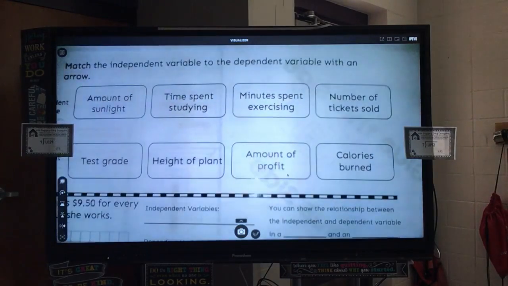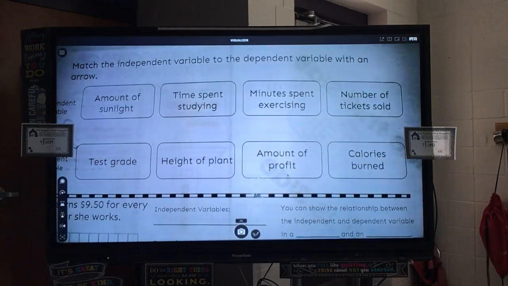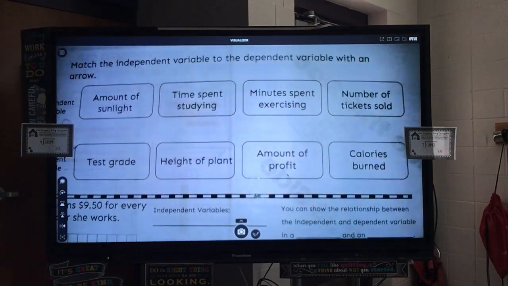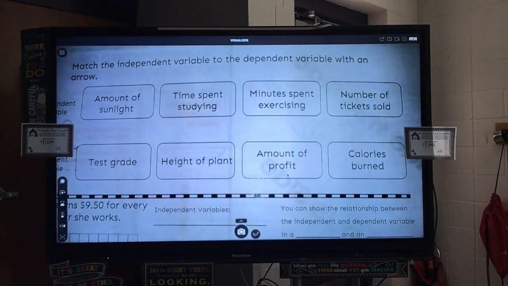Now, this should not be like an extravagantly challenging thing, but you and your group members are gonna match the independent variables to the dependent variables in this top part. Once you have them, you can draw a line, and then stand up to let me know you are done.